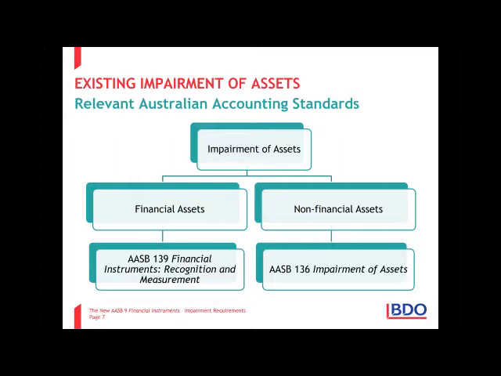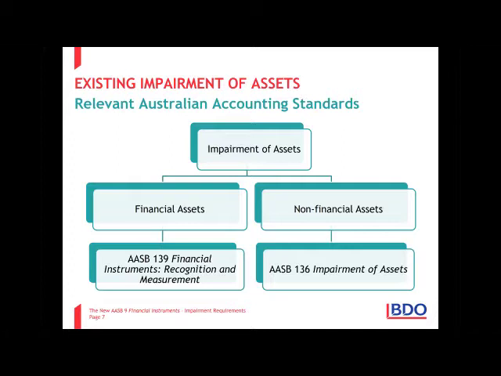So the first thing is to say, if I look at impairment of assets, it will be divided into financial assets and non-financial assets. Financial assets, currently we apply AASB 139, financial instruments recognition and measurement, and if it's non-financial assets, the impairment requirements are outlined in AASB 136.